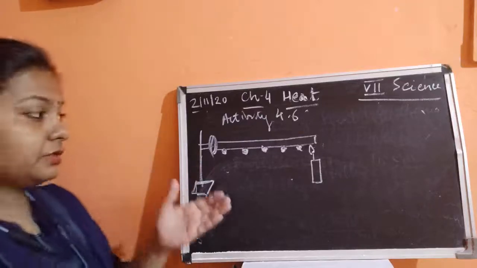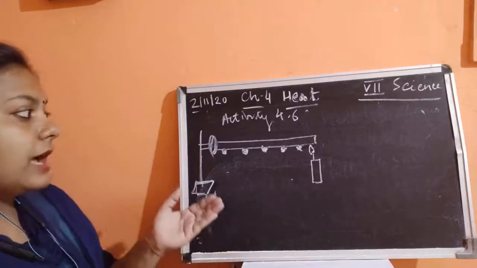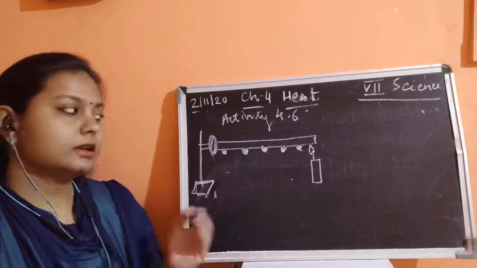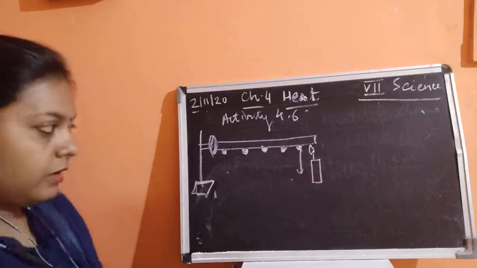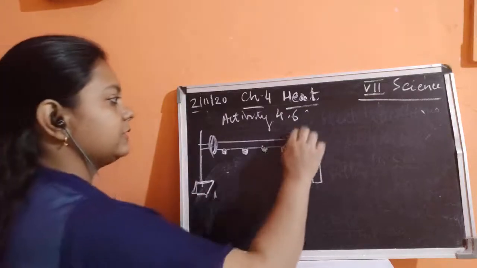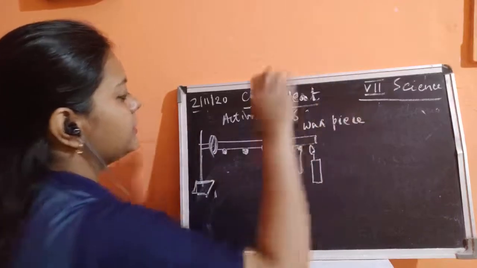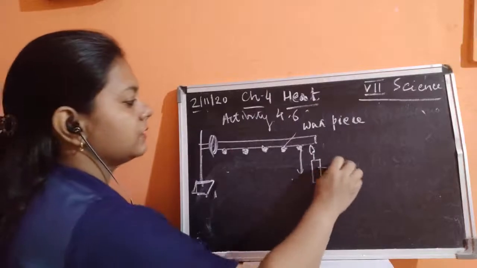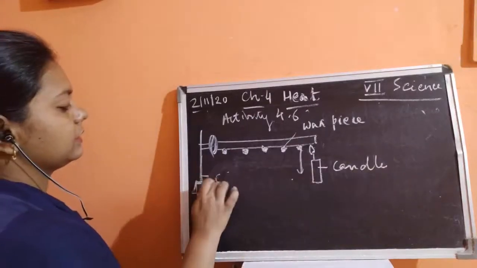Now what happens to this rod? What happens to these wax pieces? As time passes, the first piece of wax, these are the wax pieces, this is the candle, this is the clamp.